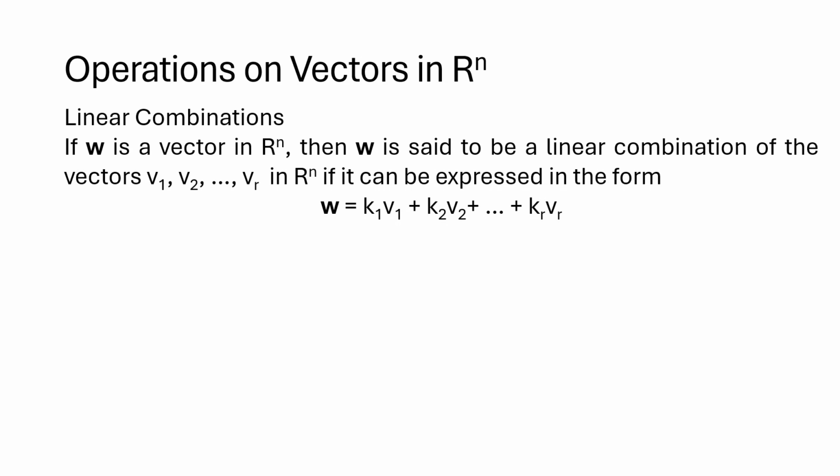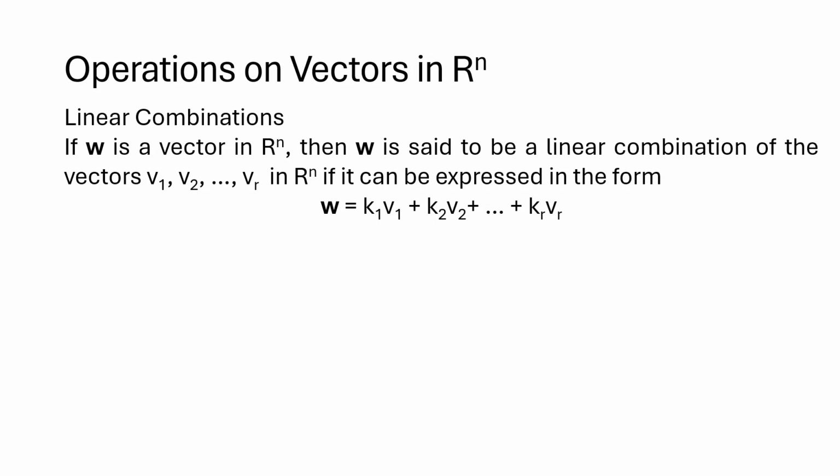If w is a vector in R^n, then w is said to be a linear combination of the vectors v1 to vr in R^n if it can be expressed in the form w is equal to k1 v1 plus k2 v2 plus so on up to kr vr, where k1, k2, up to kr are scalars.